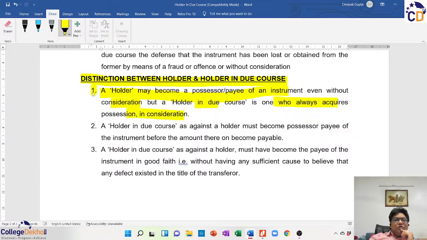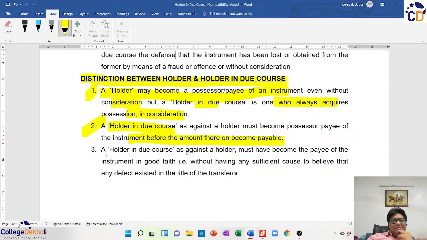So one difference was the consideration. Second, as I told earlier, a holder in due course, as against a holder, must become the possessor before the instrument becomes payable. So a holder in due course has become the holder before the maturity, which may not be the case with the holder. That is the second difference.